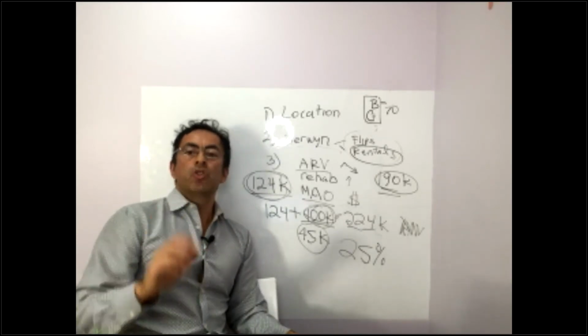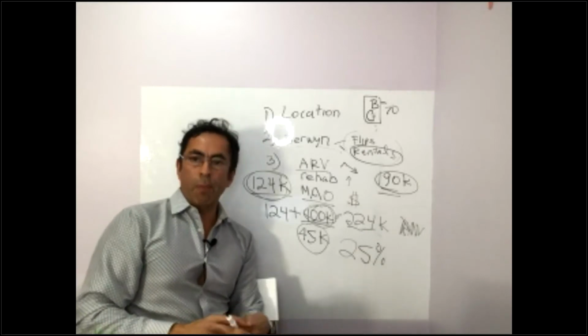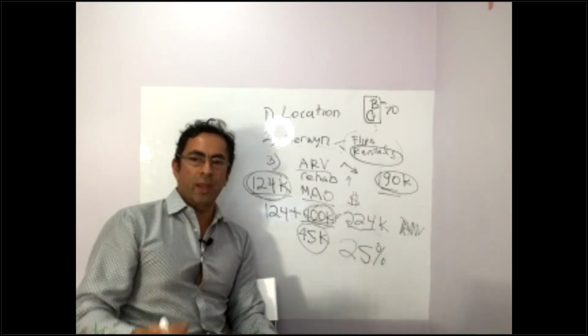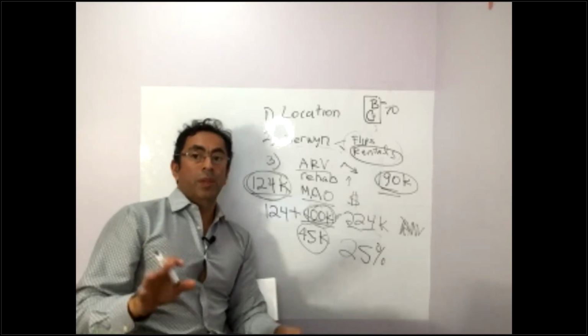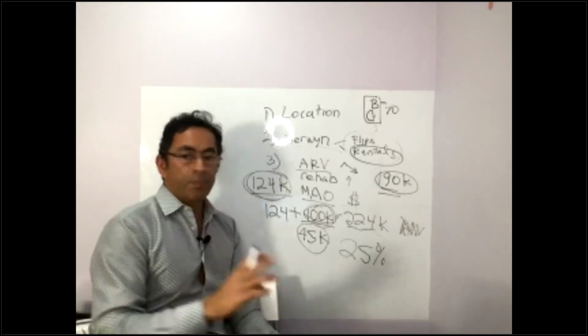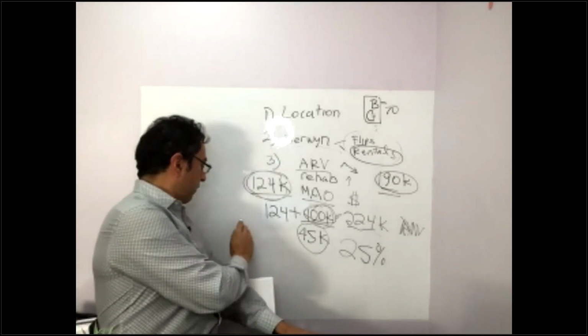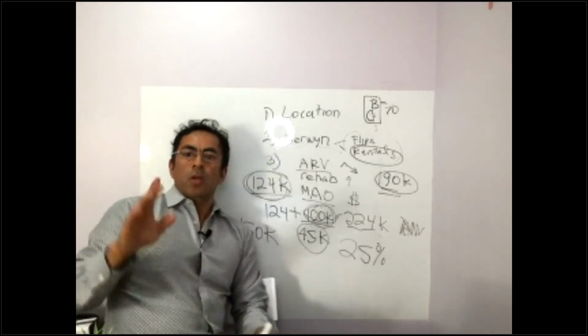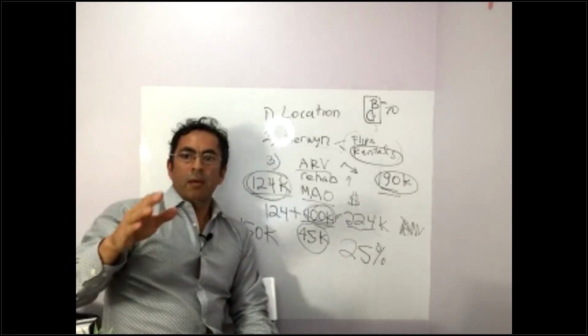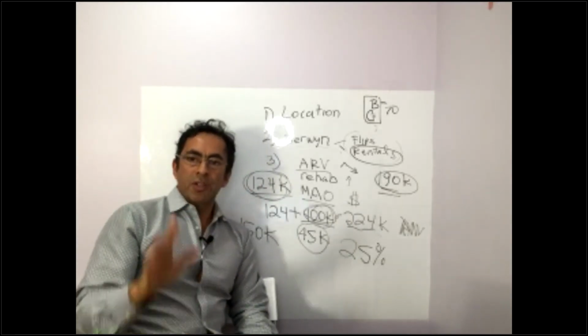Let me just give you an example of a property. In fact, we just rented over the weekend in Elmwood Park. Actually, they moved in over the weekend. We bought the property for 150,000. So what was my thinking based on the $1 million secret?